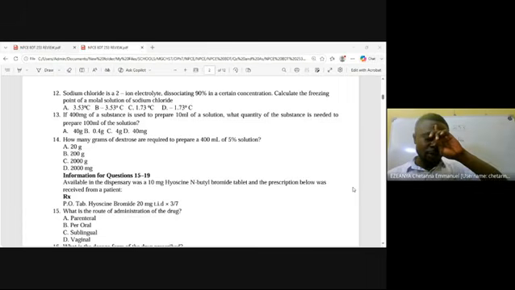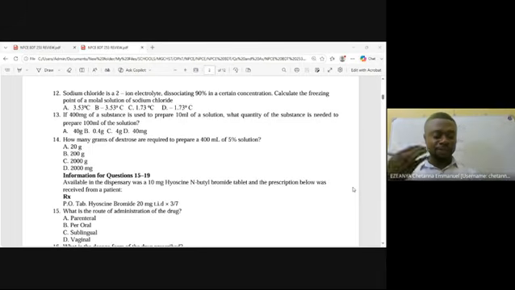I give you 30 seconds. Just read it for us when you find it. Let me make it a collaborative class now. Someone should check up colligative properties of a solution.